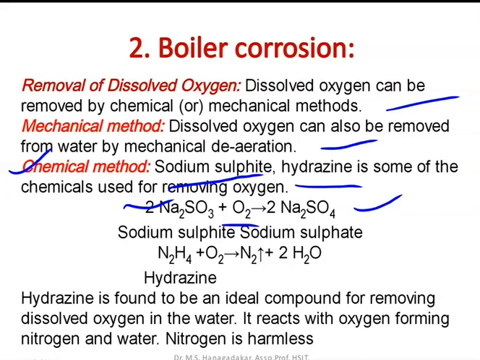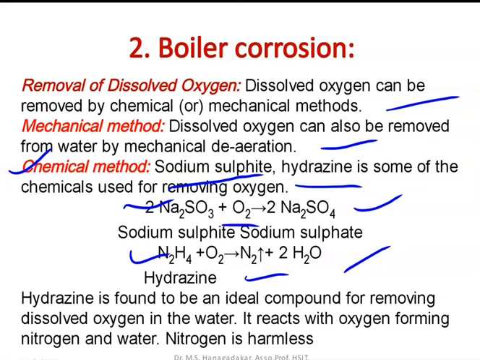Now the second chemical we can use is hydrazine. The hydrazine formula is N2H4. When you add this hydrazine compound to the boiler feed water, it undergoes oxidation, leading to the release of nitrogen gas and water. Therefore hydrazine is the best, or ideal, compound used for the removal of dissolved oxygen in water.